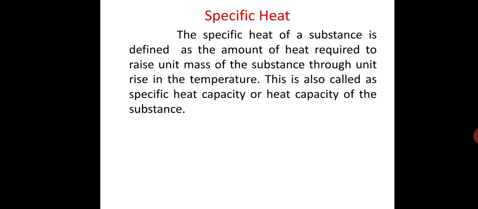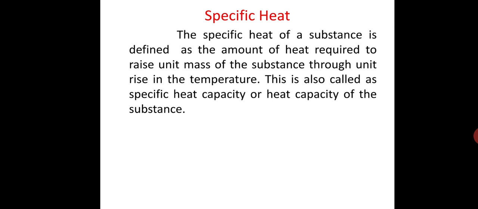Hello dear student. Our next topic is specific heat. The specific heat of a substance is defined as the amount of heat required to raise a unit mass of substance through a unit rise in temperature. This is also called specific heat capacity or heat capacity of a substance.